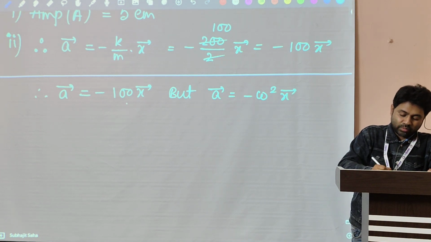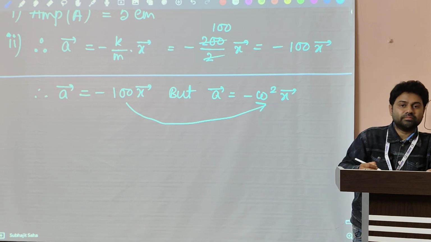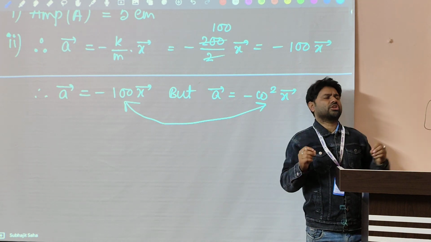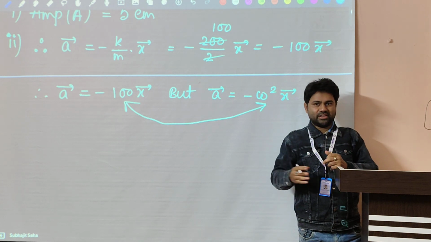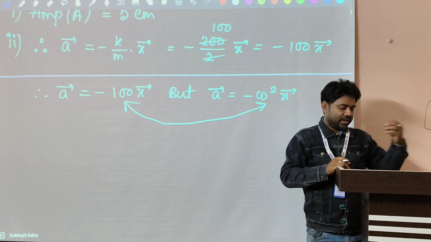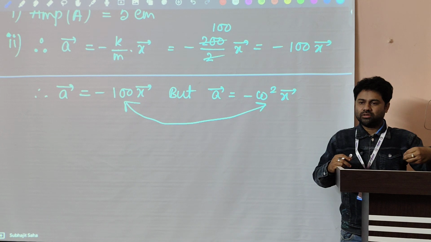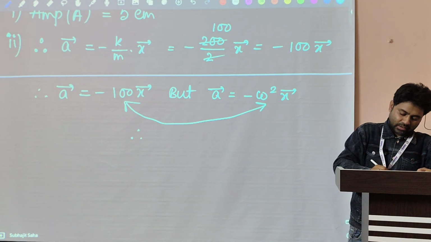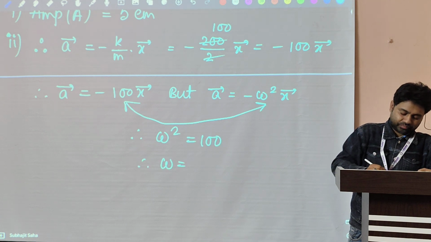So by comparing, we can now find omega. Omega is angular frequency. So omega square must be 100 by comparing. So omega would be 10.